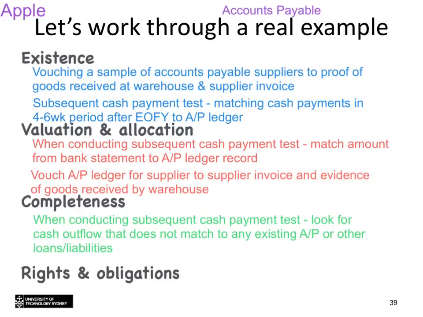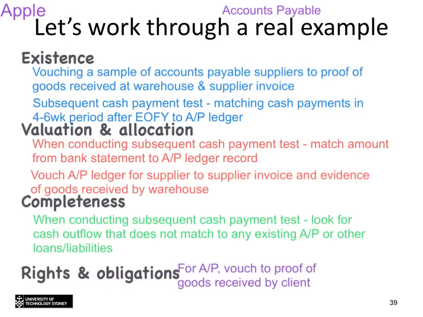All right, and then our last one is rights and obligations. So let's go back, let's do this one in purple. Okay, so how am I going to prove that I have an obligation? For accounts payable, vouch to proof of goods received by client.